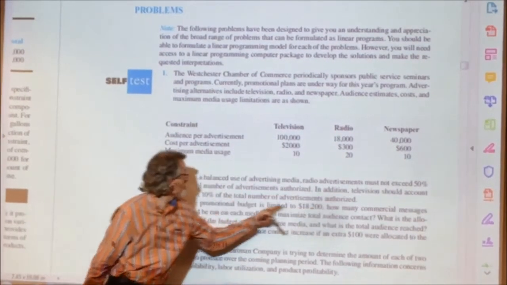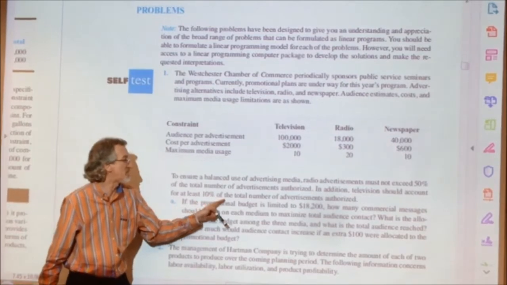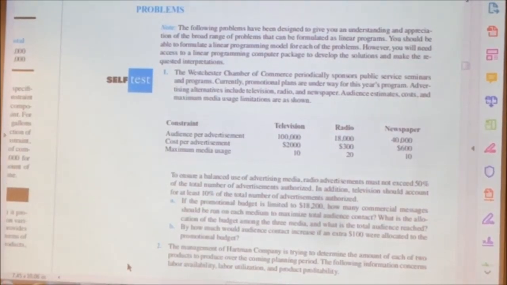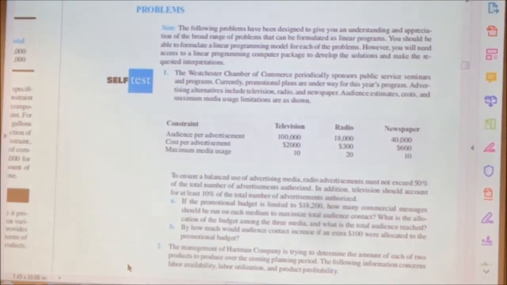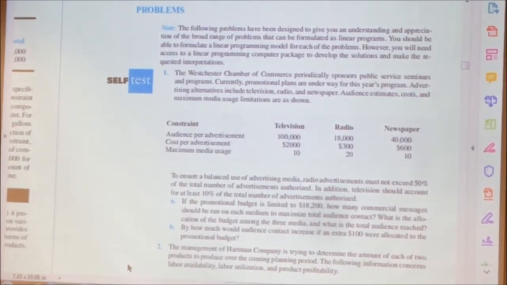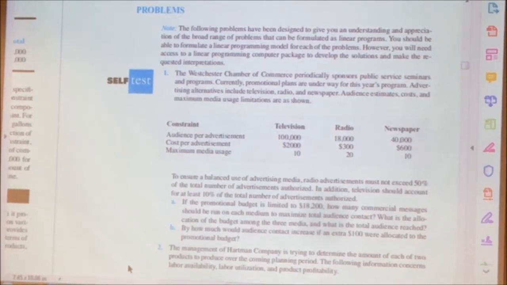In addition, television should account for at least 10% of the total number of ads authorized. Write it just like it reads. Television, T, should account for at least, greater than or equal to 10%, 0.10 times all the ads authorized, just like up there, T plus R plus N. Again, same thing.